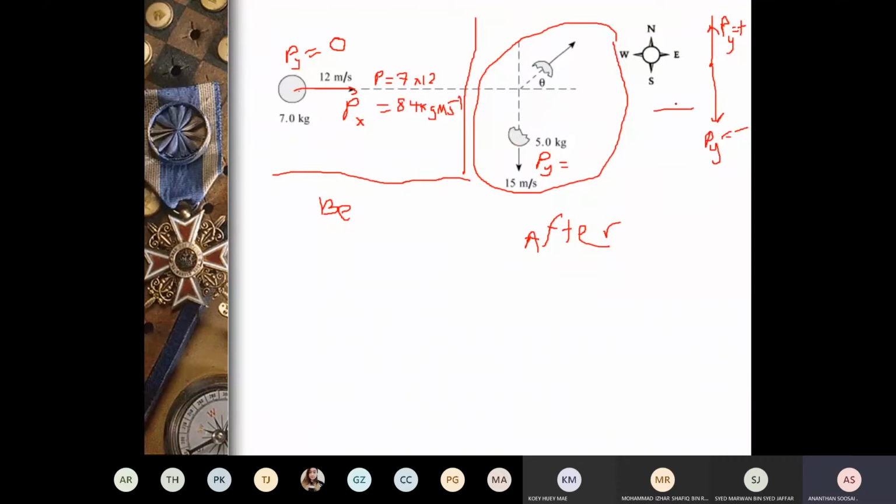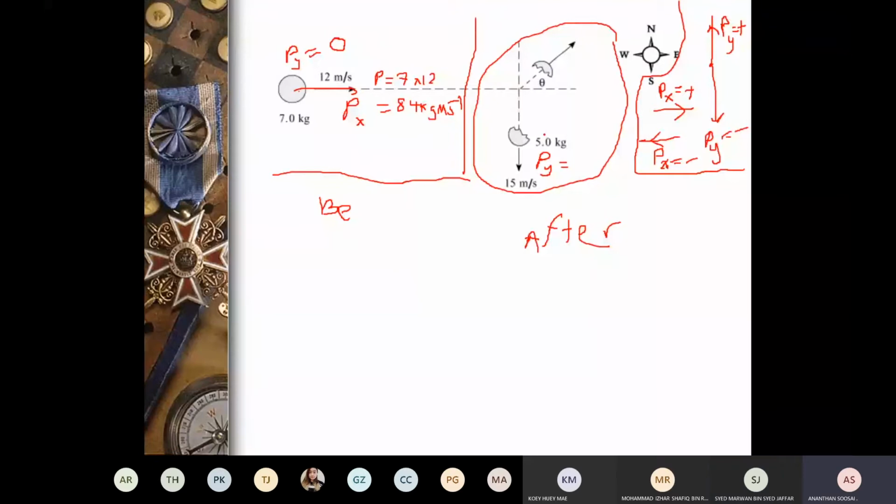If px is to the right, it is positive; if directed to the left, px is negative. So please follow this convention: upwards is positive, downwards is negative.